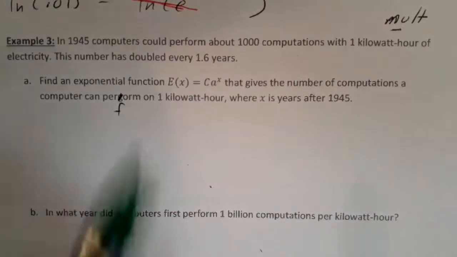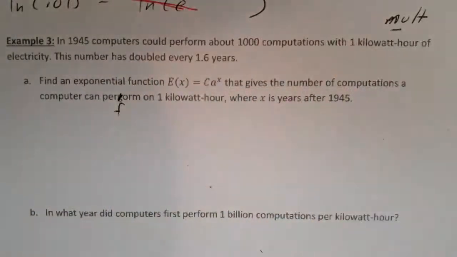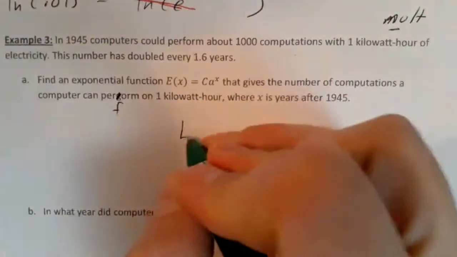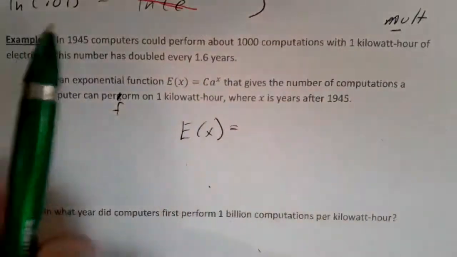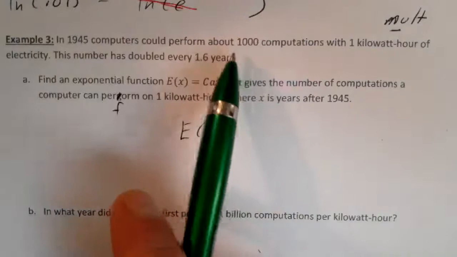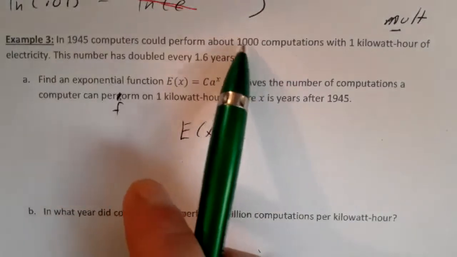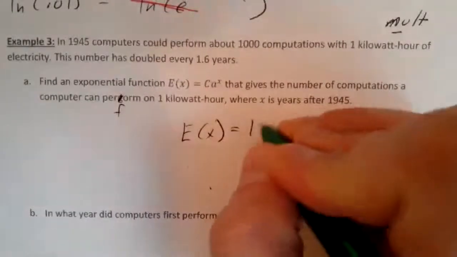So in 1945, they could perform 1,000 computations with 1 kilowatt hour of electricity. So we want to set this up. We want 1945 to be our base year. And if that's our base year, the starting amount that they give us, or our C value, should be this 1,000 computations right here.